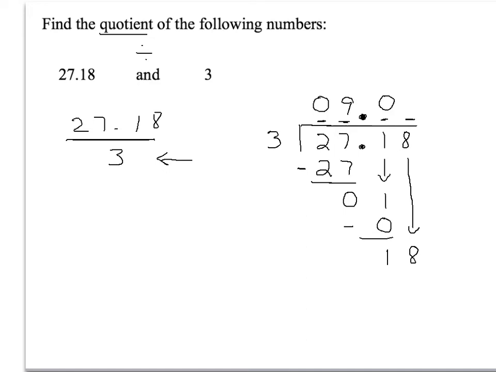And then start over. How many times does 3 go into 18? And that is 6. And 6 times 3 is 18. When I subtract this off, 18 minus 18 is 0. I have 0 remainder and no more digits, so I'm done. So my answer is 9.06.